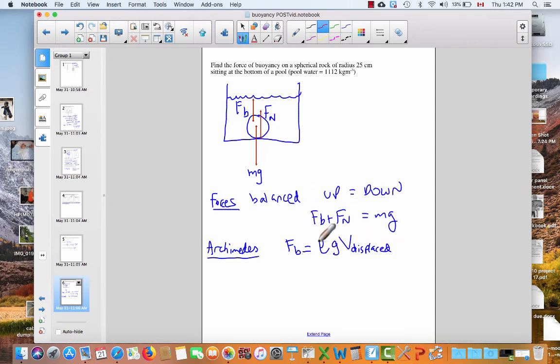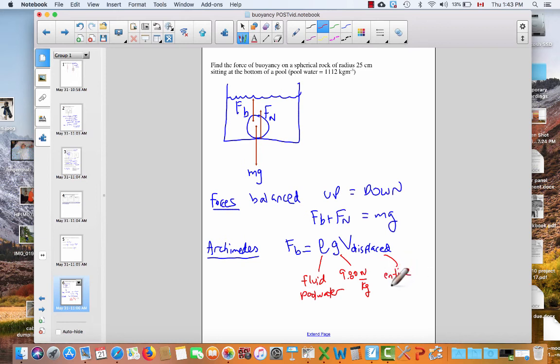Now let's think about that for a second. So this is the fluid density, which in this case is the pool water. And we're given that value in the problem. This is the Earth's gravity field. That's 9.80 newtons per kilogram, or meters per second squared. And then the displacement in this case, well, the entire rock is submerged.